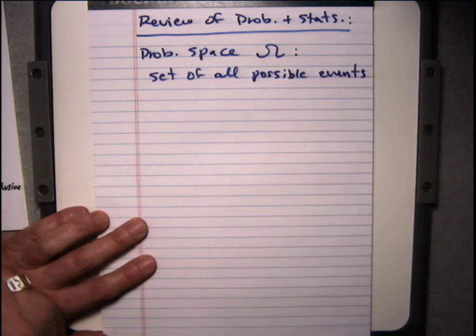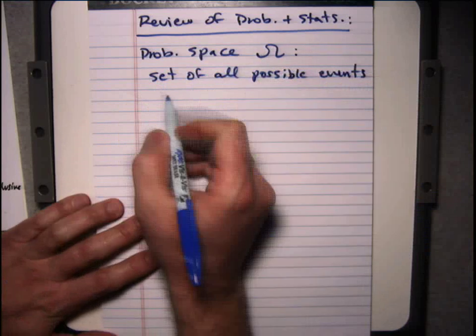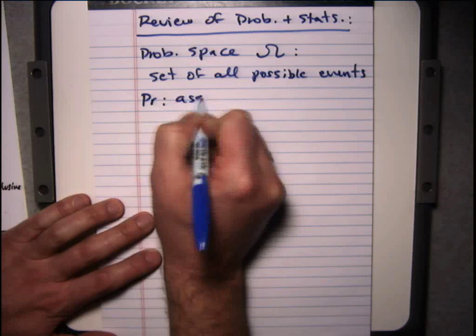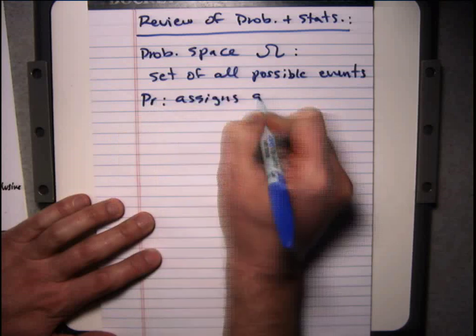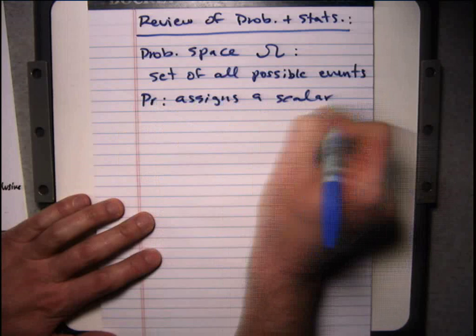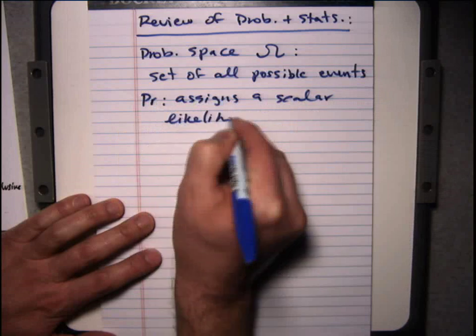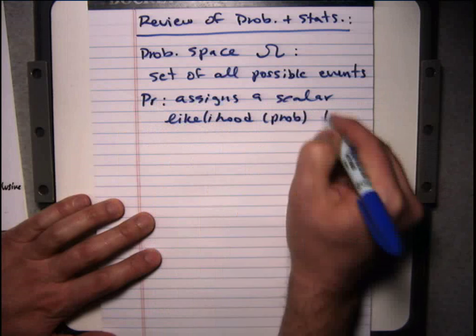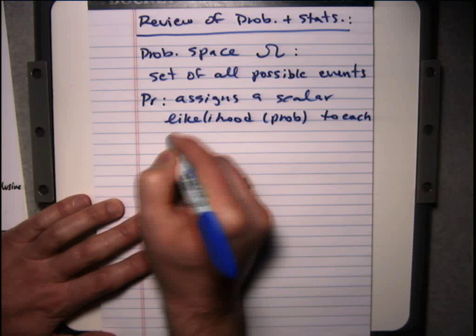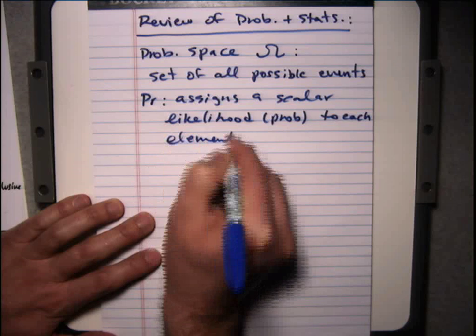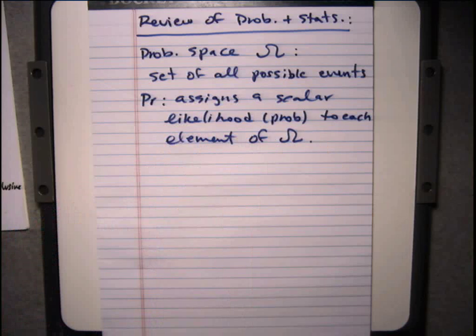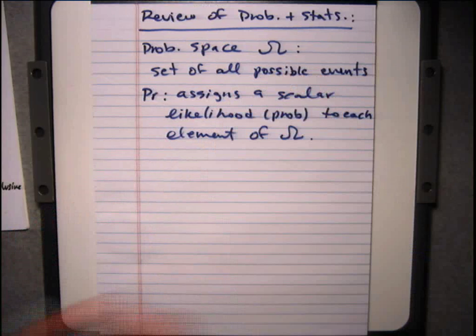Then there's a function, probability, which assigns a scalar likelihood, which is what we call a probability, to each element of omega.